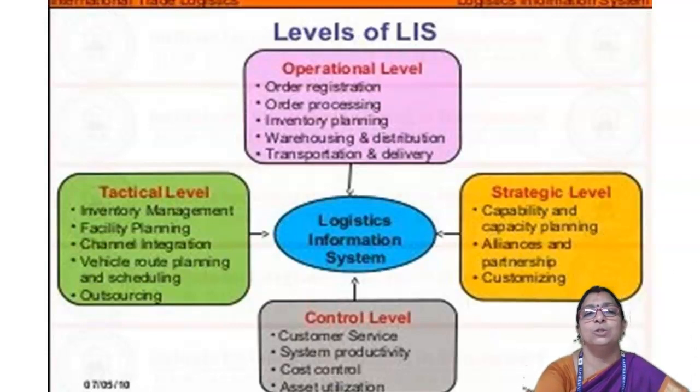Everything is done based on the pending backlog, inventory replenishment, scheduling, and how much I should build up in the inventory. So all this information is supported by the logistics information system.